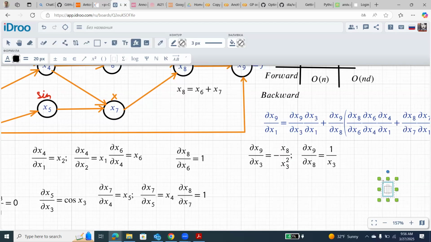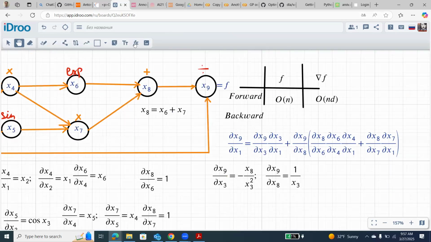Only the last derivative will be different depending on x1, x2, or x3. Does it make sense? So it means that we will calculate the gradient of the derivatives in all of n operations. So this is called the backward mode.